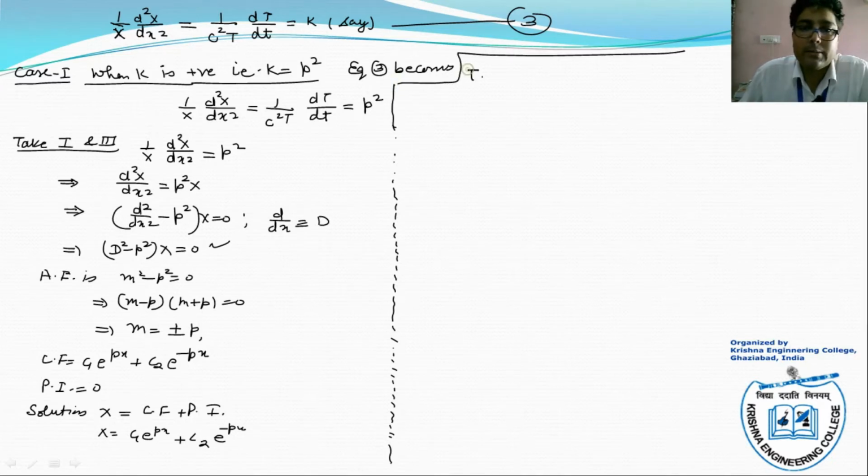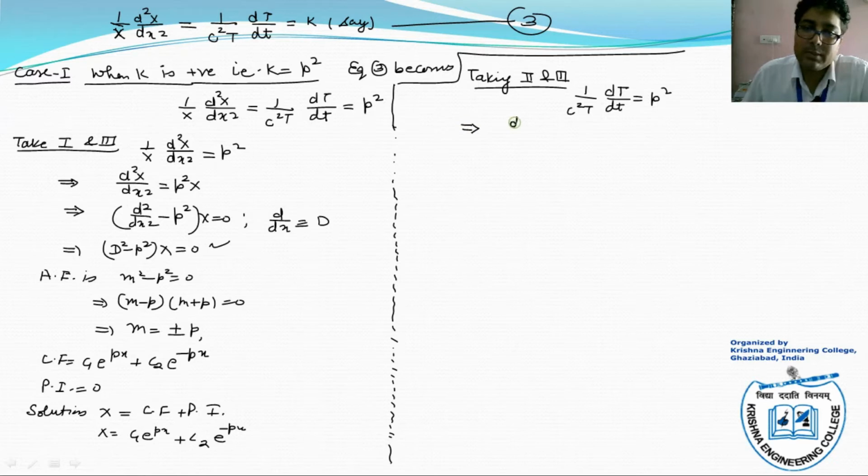Now taking second and third term, so we get 1 upon c square capital T d capital T over dt is equal to p square. Clear?